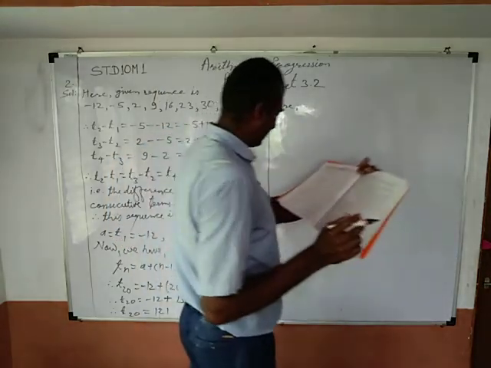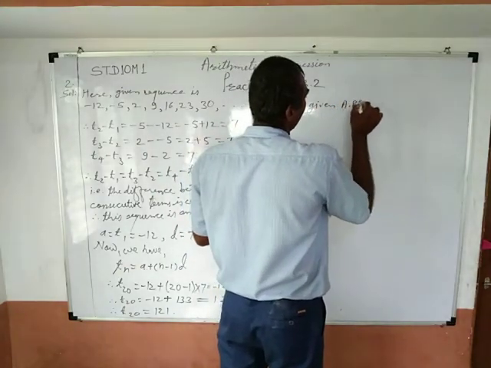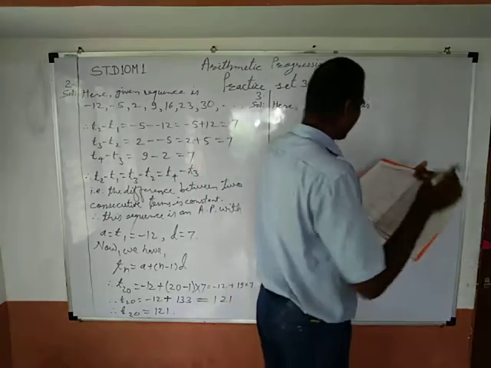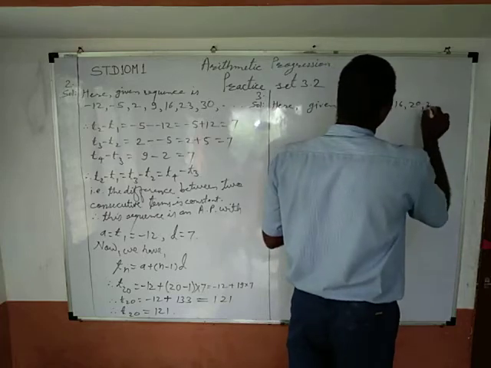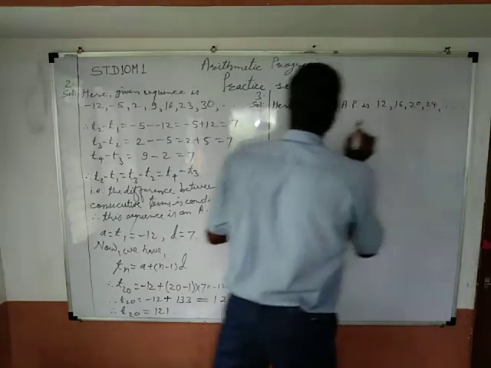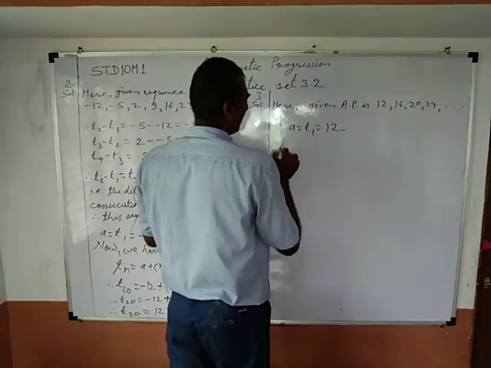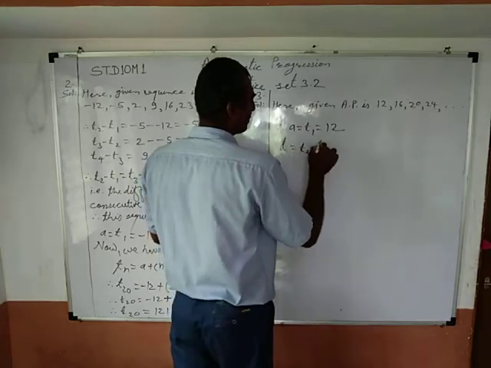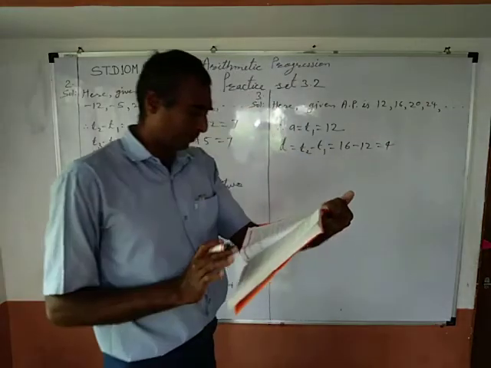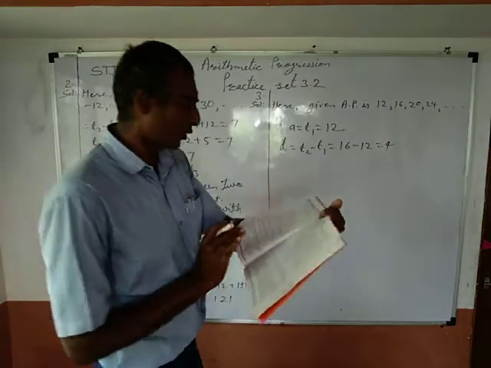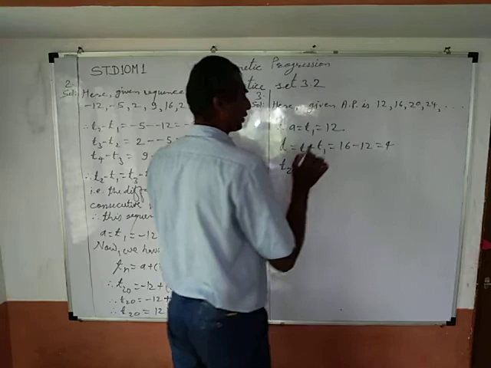Here the given AP, means arithmetic progression, is 12, 16, 20, 24 and so on, and therefore A equals T1 equals 12, D equals T2 minus T1 equals 16 minus 12 equals 4. We are interested to find the 24th term of this progression, means T24 equals question mark.